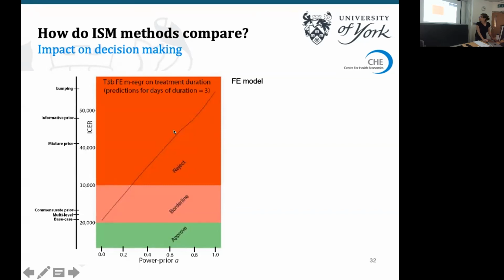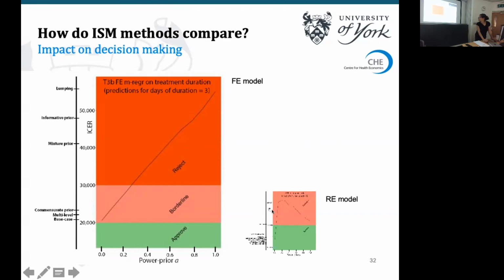As you share from the children evidence, with either the power prior or with some of the other models that we've considered, you'd veer towards the rejection side, because the children's evidence doesn't provide such a high magnitude of treatment effect. So there is a significant impact on decision making. There could have been a significant impact in decision making if the children's evidence had been used.